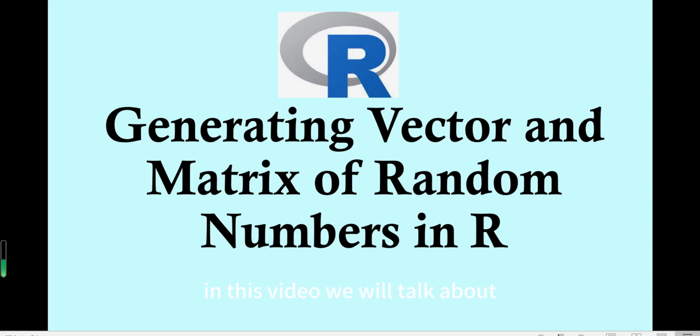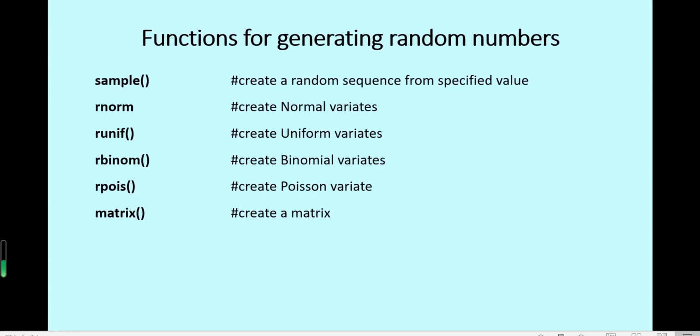In this video, we will talk about generating vectors and matrices of random numbers in R. The function sample can create a random sequence from specified values, and several functions start with r.